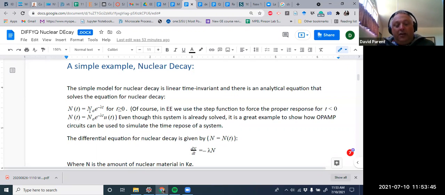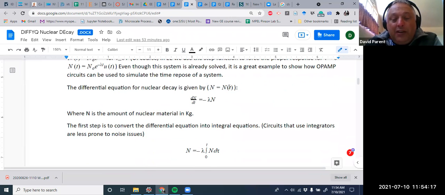So you start off with your initial condition, and then you have exponential decay, which right now you could be thinking kind of looks like an RC circuit, and I just have to change these. We already know the solution to this, so we don't really have to simulate it, but it's a great example to start.